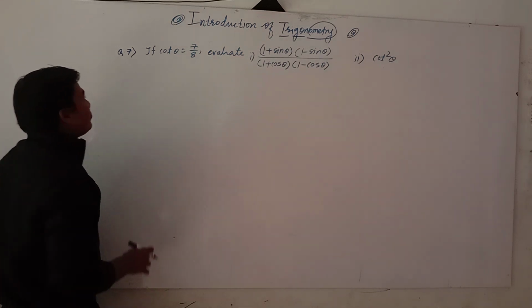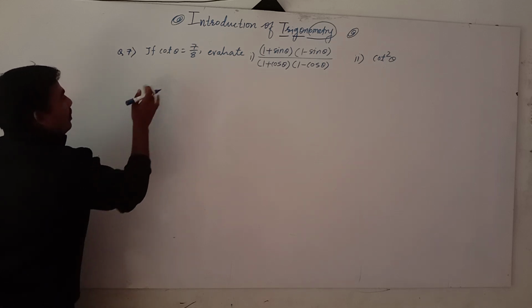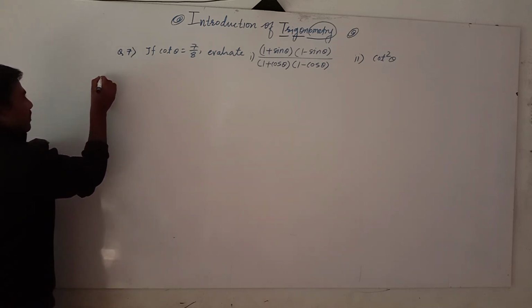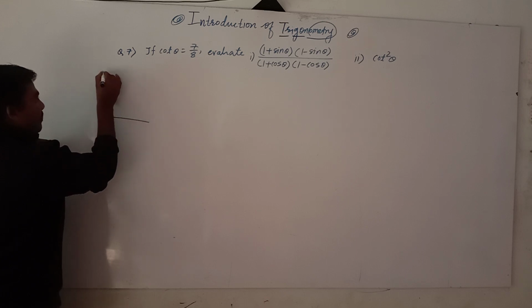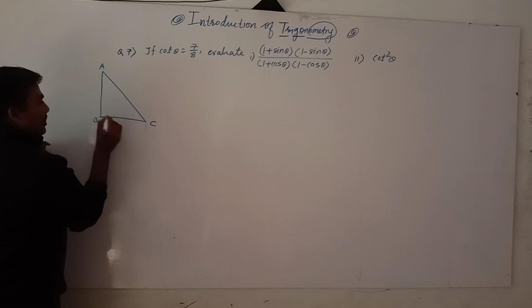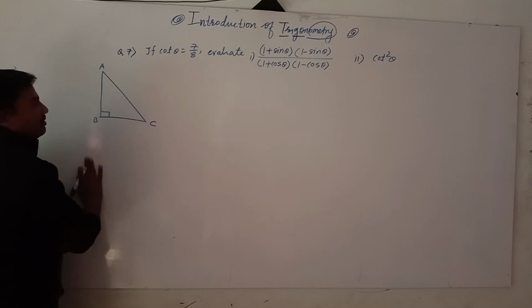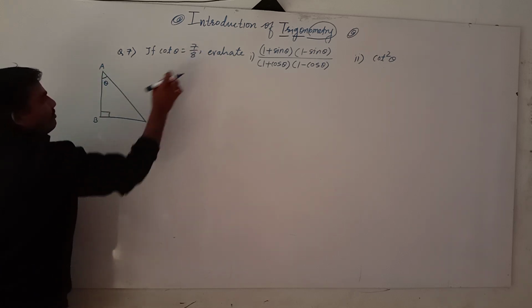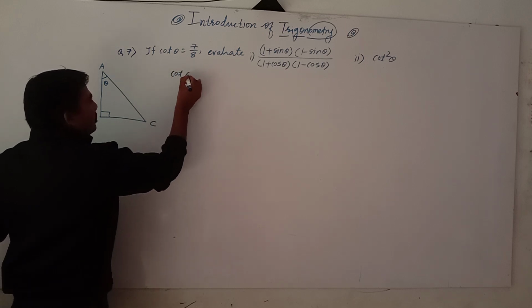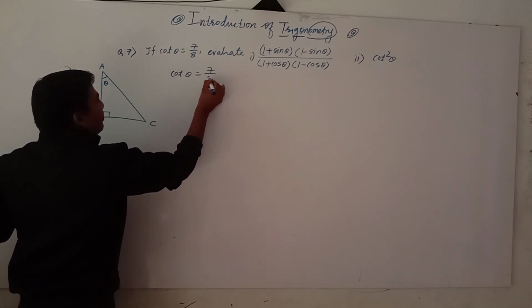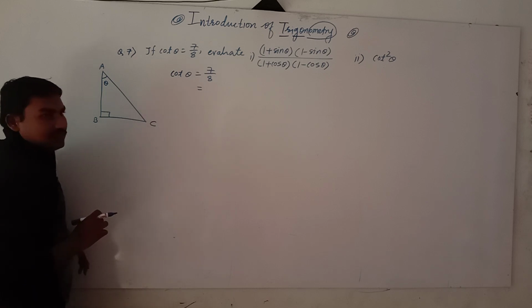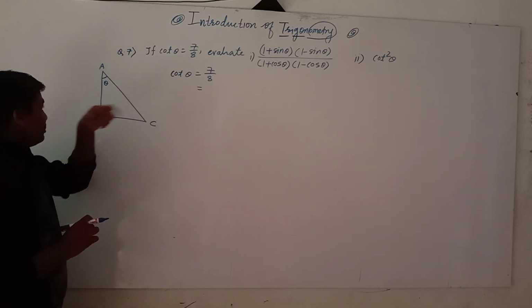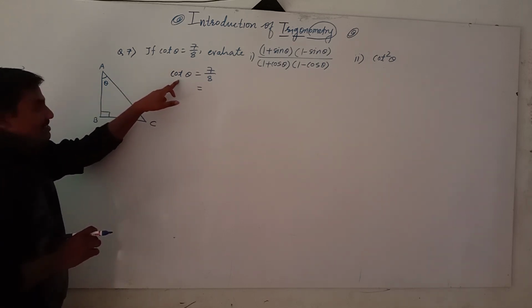Now see, I want to construct one triangle. Suppose the triangle is A, B and C, right angled at B, and I consider the angle theta. So cot theta is 7 by 8, which you have given. Cot theta is the opposite of tan theta by definition, so it is adjacent upon opposite.